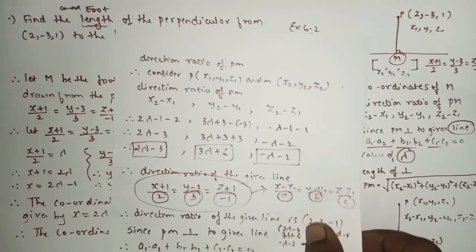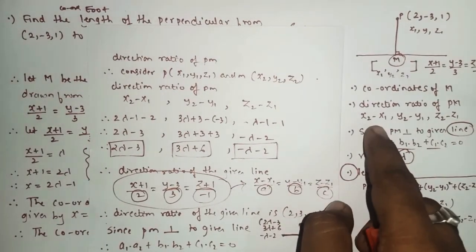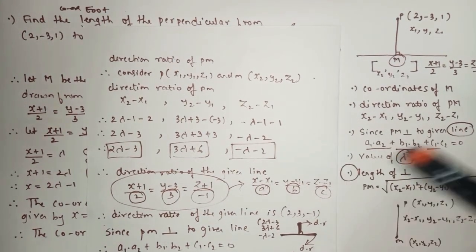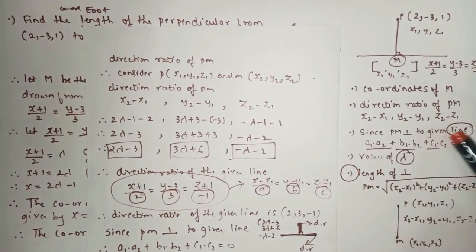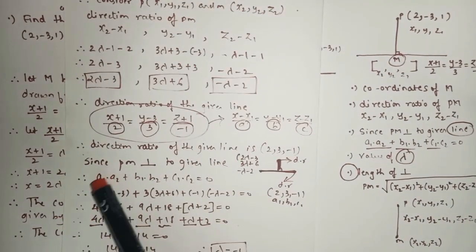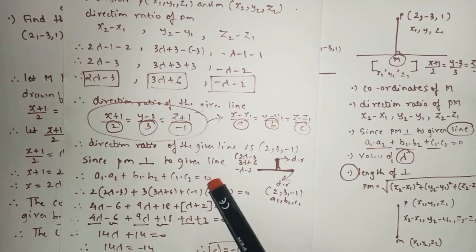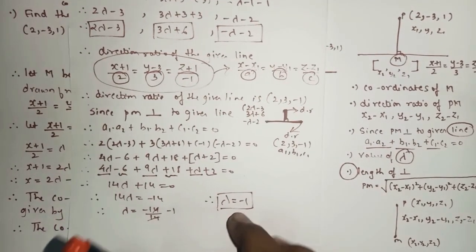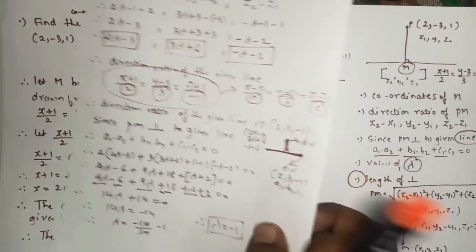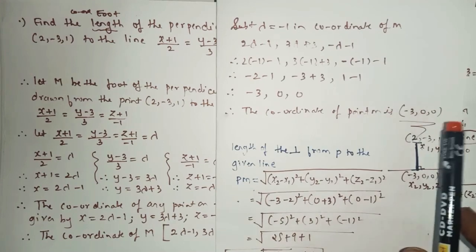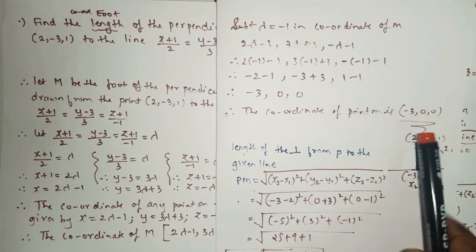So we all know how to find the direction ratio, using x2 minus x1, y2 minus y1, and z2 minus z1. Okay. After that, since the lines are perpendicular, we have to use this concept: the sum of the product of the direction ratios is equal to 0. So here you will get the value of lambda. After getting the value of lambda, you will substitute it in the coordinate of m to get the coordinate of the foot.